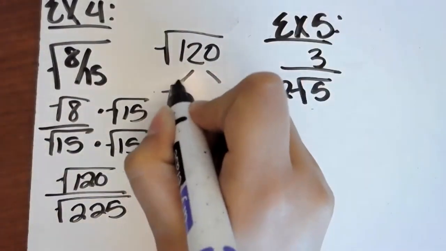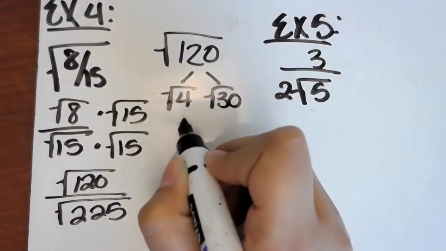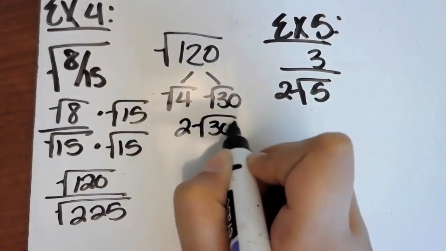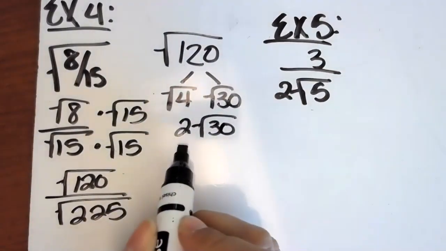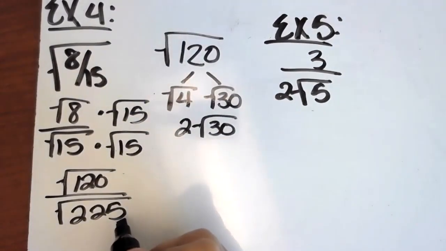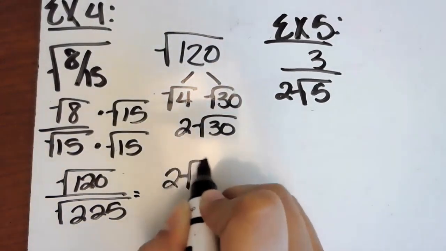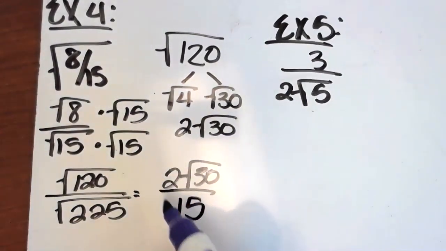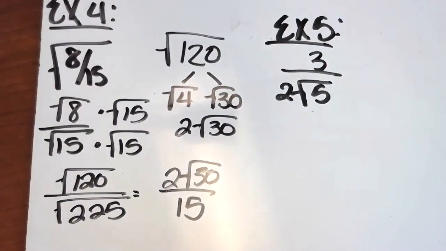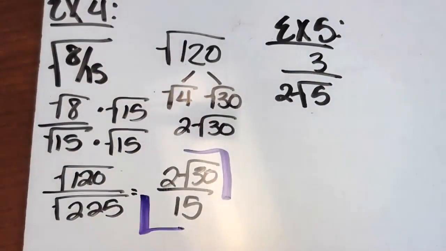In this case, it's actually just going to be 4 and 30, which is going to give you 2 square roots of 30. This is going to become your new numerator. And then 225 is actually a perfect square. It is 15 squared. You cannot simplify this anymore. 2 is not a factor of 15, and it doesn't go into 15, so this is it. So this would be your answer.